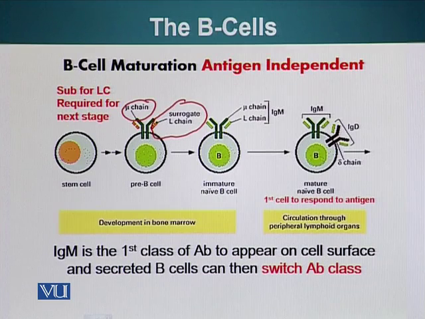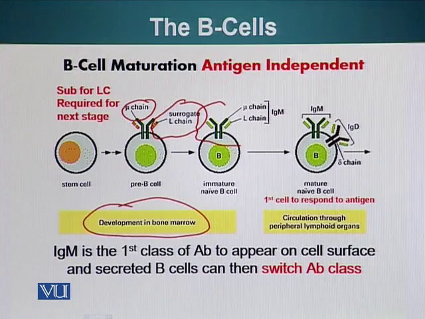And when that happens, our pre-B cell becomes an immature naive B cell. So in this state, the B cell has now a proper IgM antibody with its heavy mu chains and 2 light chains. This is an immature B cell. This part of B cell development happens in the bone marrow.